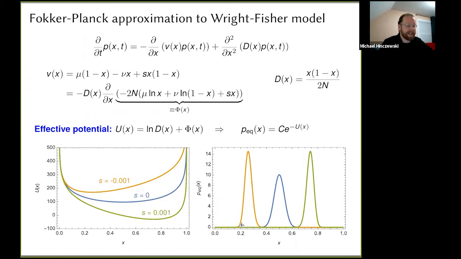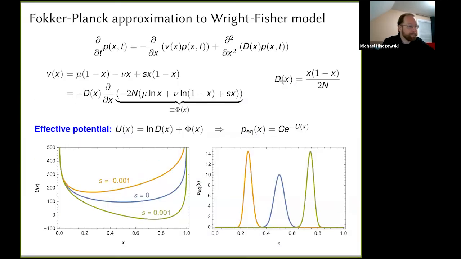So you get more A, less B in the system. And if you make S positive, you tilt in the other direction, so you get more B and less A. So it looks very much like a standard statistical mechanics system that we're familiar with from other contexts, but it does have this position-dependent diffusivity, which makes it a little bit more complicated.